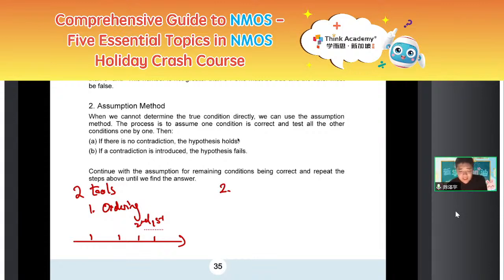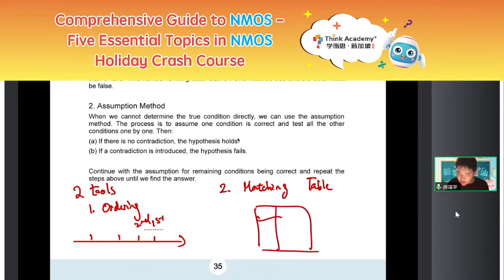The second tool is for whenever you are doing matching. You have two different conditions that you want to match, like who did what, or who wears what color. Then you can use the table method. Draw out a table. Let's say here we have A, B, C, and event number one, event number two.